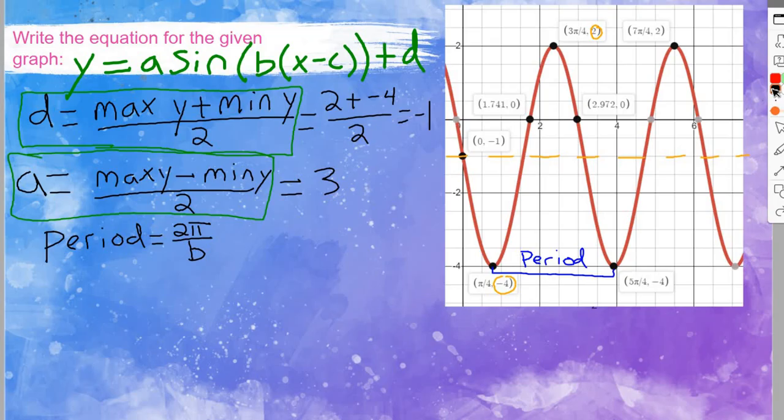Now I'm dealing with distance. So I want to know the distance between those two x values. How do I find distance? Subtract them, right? I take the bigger one and subtract the smaller one. So the period, we're dealing with x's this time.